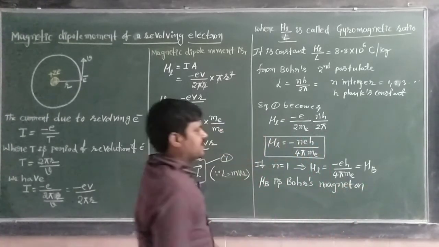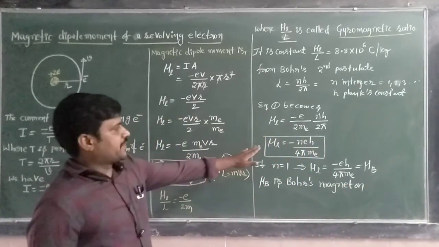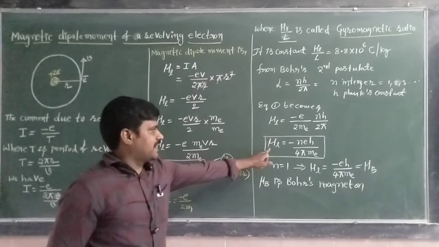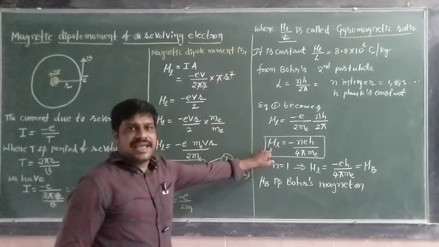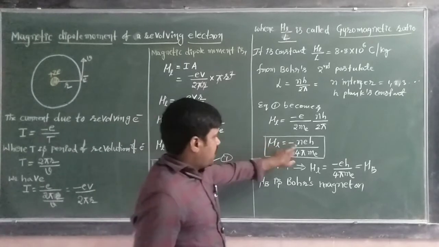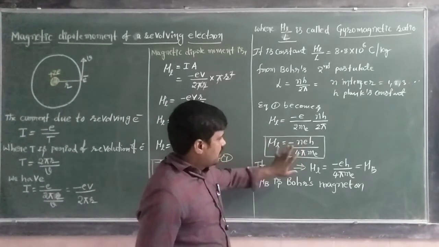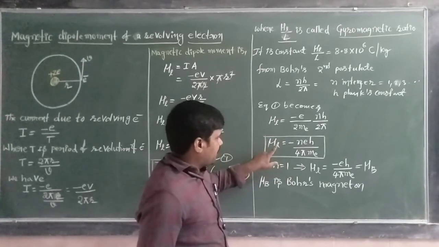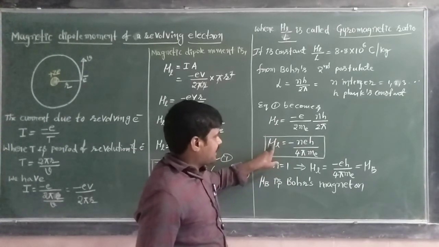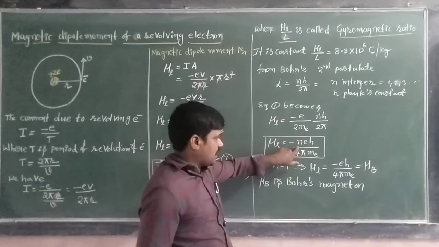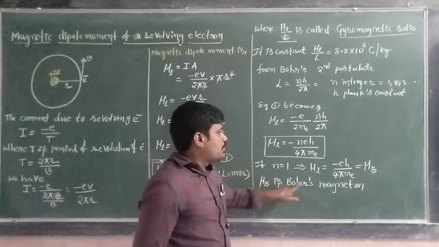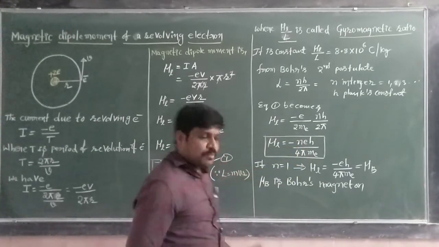What is the Bohr magneton? If you take the first orbit and its angular momentum, the magnetic dipole moment of the electron while it is revolving in the first orbit is called the Bohr magneton.